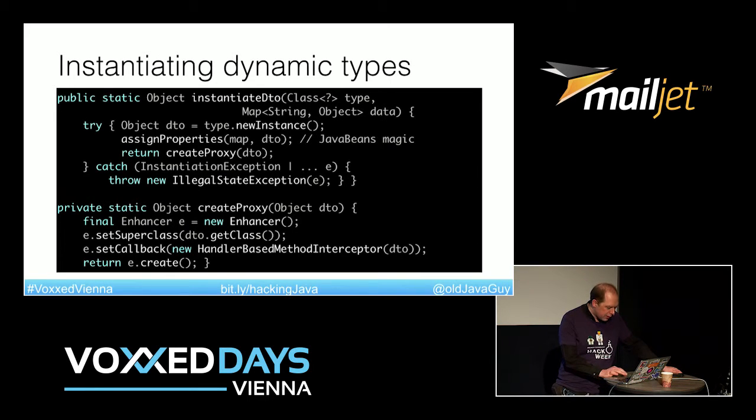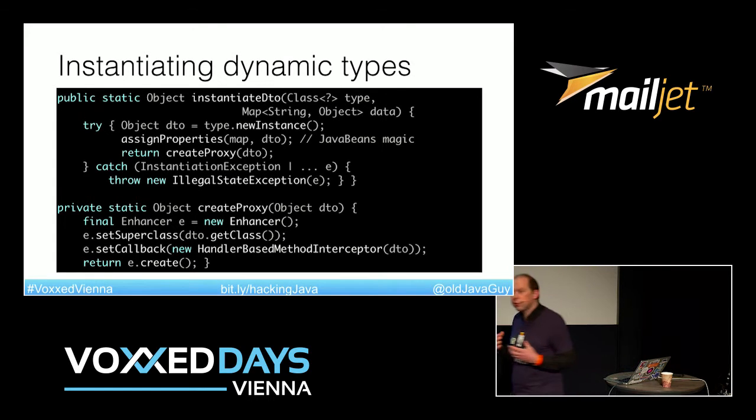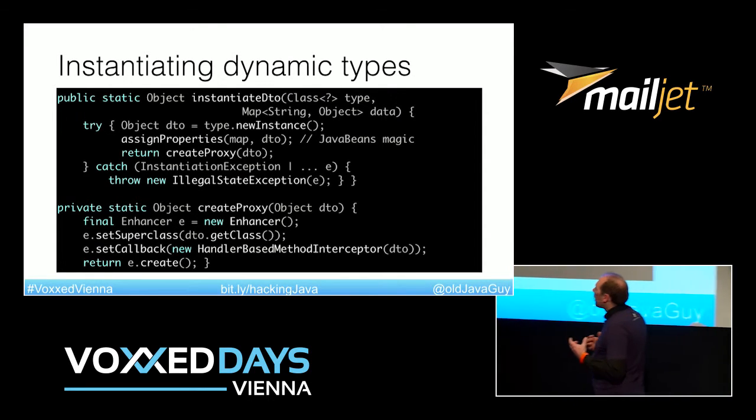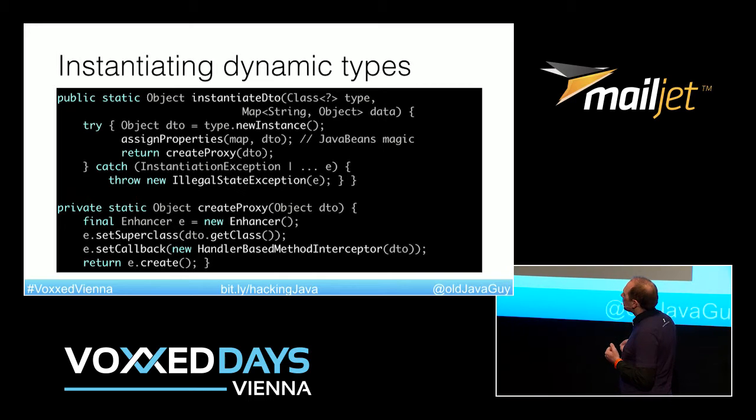And then I create a proxy. So I create an enhancer. That's the CGLib abstraction that you need to use when you're creating a dynamic proxy and you're setting a superclass. So in this case, I'm creating a dynamic subclass of my value object, and I'll be delegating some of the functionality to the superclass, and I'll be handling some other in my subclass.